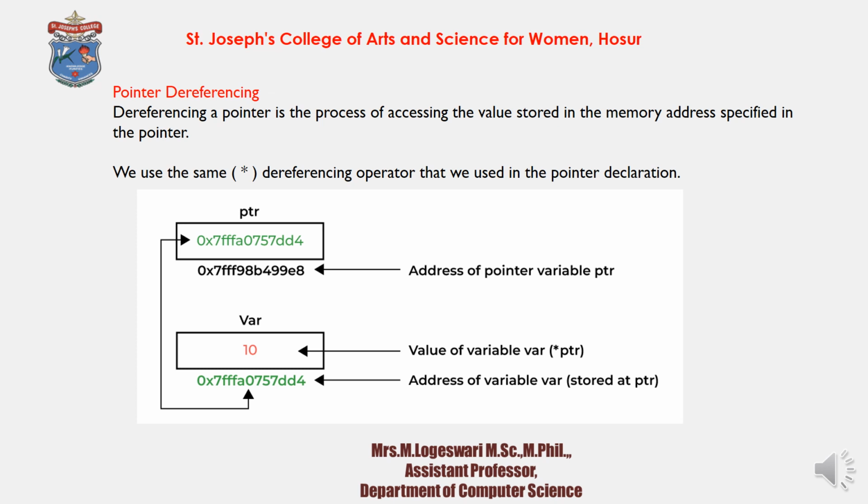First example: the address of the pointer variable is 0x7ff9. We assign the value of the variable as 10. If we assign the address of the variable to the pointer variable, it refers to that address, which is the address of the variable.